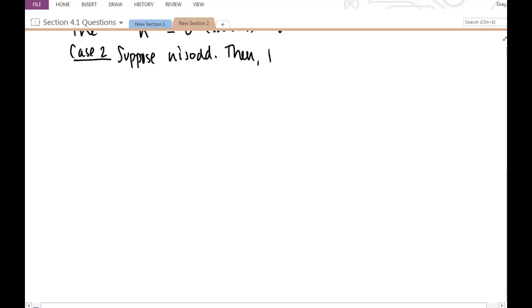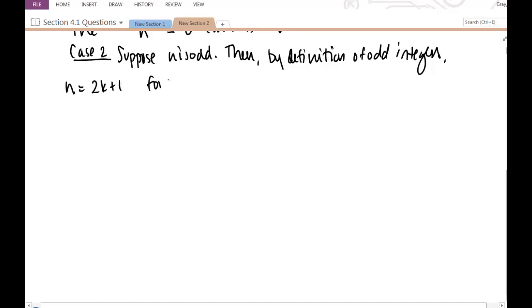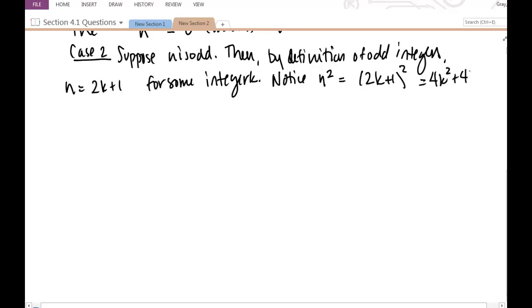Then, by definition of odd integers, n is equal to 2k plus 1 for some integer k. Notice n squared is equal to 2k plus 1 squared, which is equal to 4k squared plus 4k plus 1. Okay.